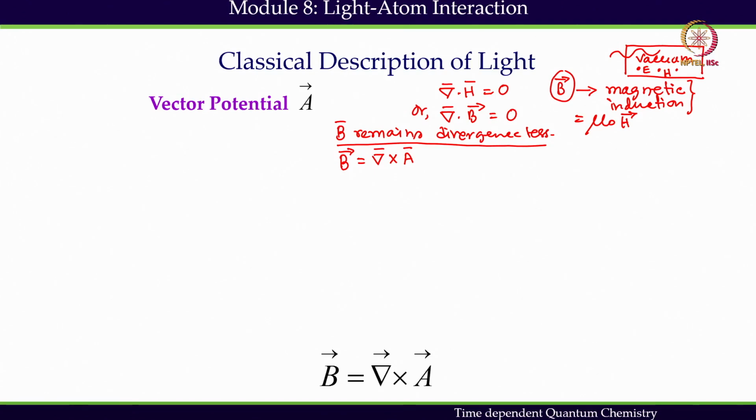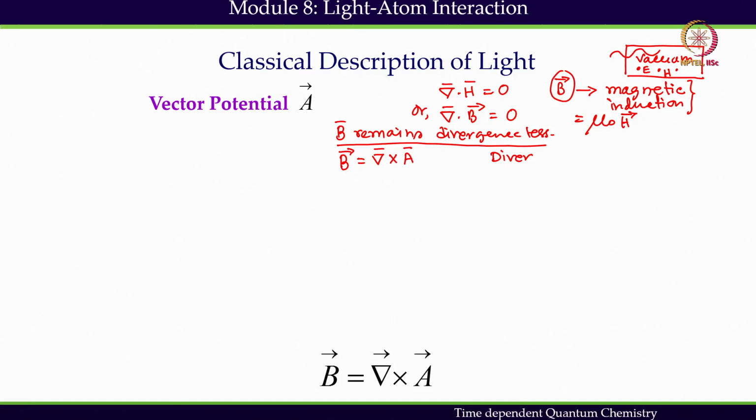And what is the basic reasoning behind this? It is because divergence... this is a very frequently used vector identity. I told you that we are going to use vector algebra rigorously here.